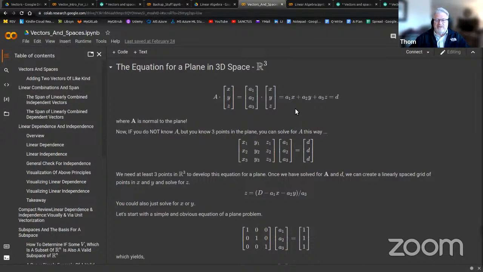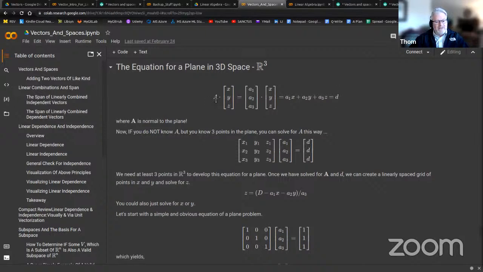And on my LinkedIn post, it was beautiful the way someone described this. I said, well, it takes 3 points, but if you know a vector normal to that plane, that is A. A is a vector that's normal to the plane. And so A dotted with any X, Y, and Z in that plane will always equal some scalar D. Now, I want to let that sink in a minute, because that's powerful.